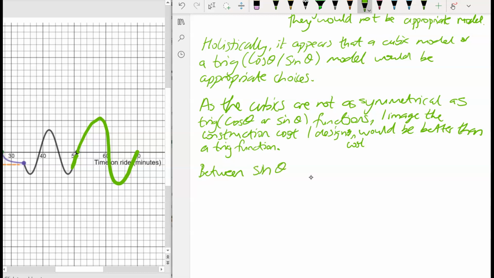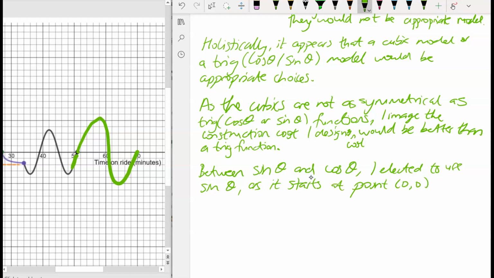Between sine angle and cosine angle, I elected to use sine angle as it starts at point 0, 0. I could easily move this point right to 51, 0.